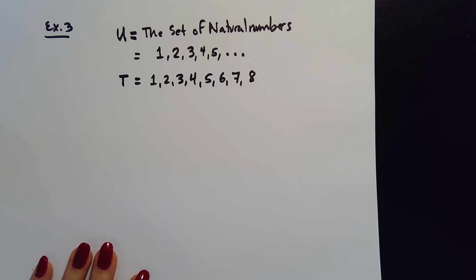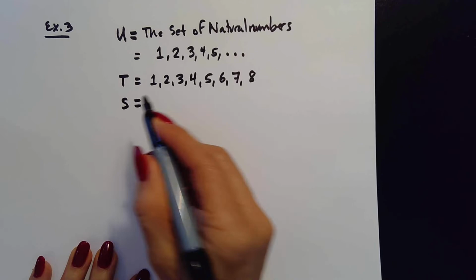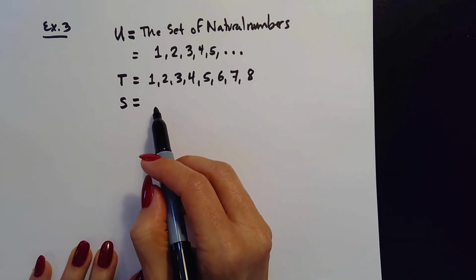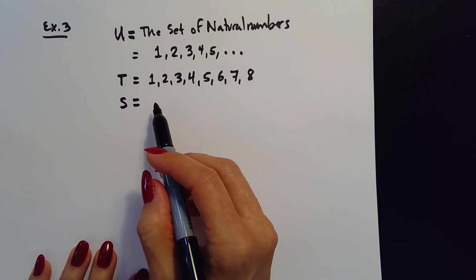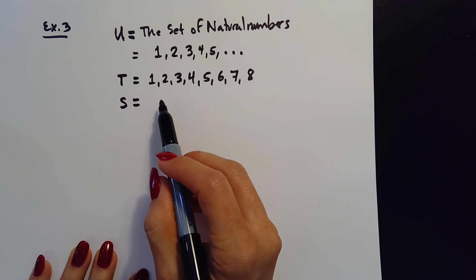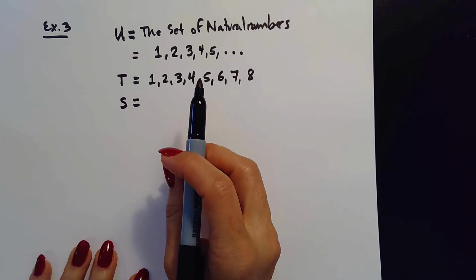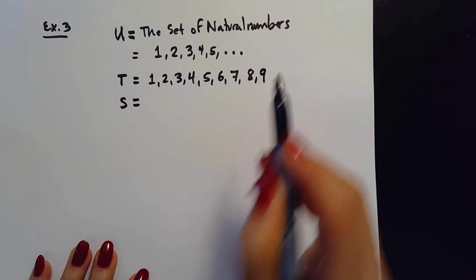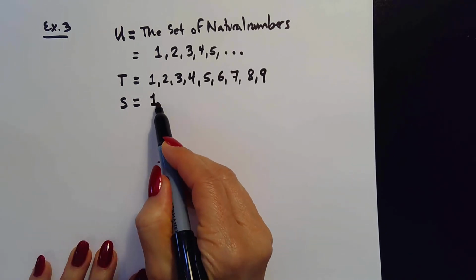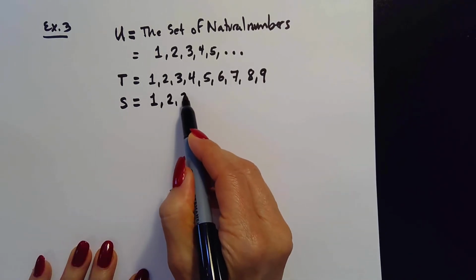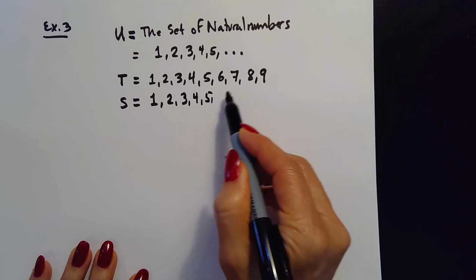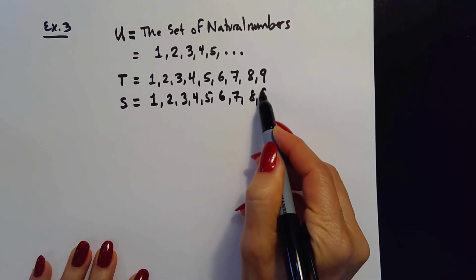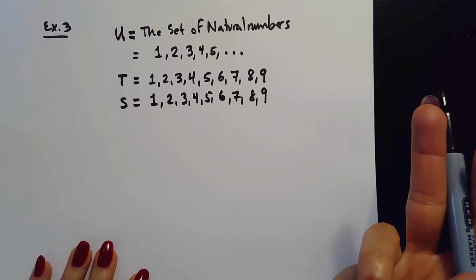And then S is the set of single-digit natural numbers. Well, oh, I'm missing the 9, I'm sorry. The single-digit natural numbers are still going to be 1, 2, 3, 4, 5, 6, 7, 8, and 9, because 10 is a double-digit natural number, right?